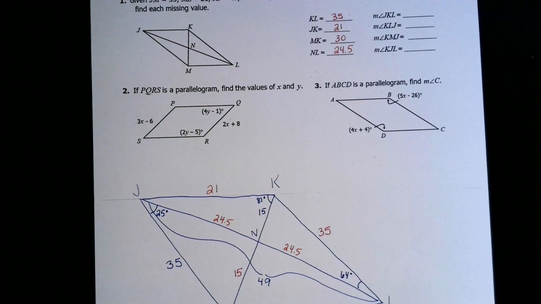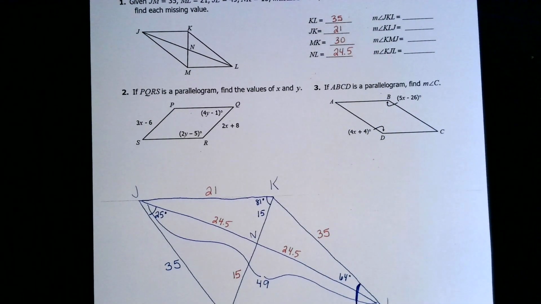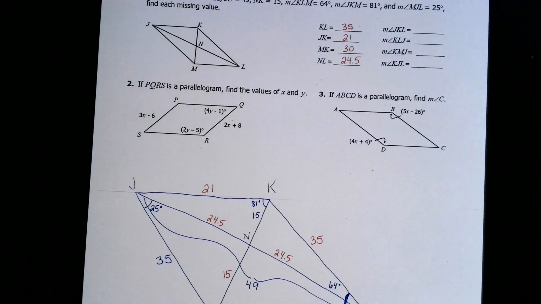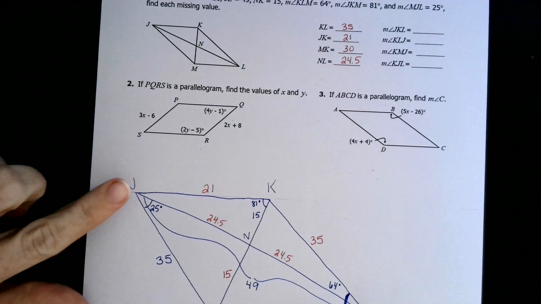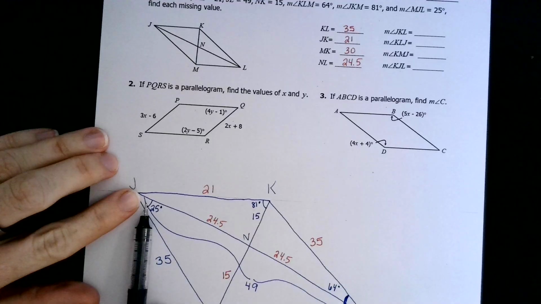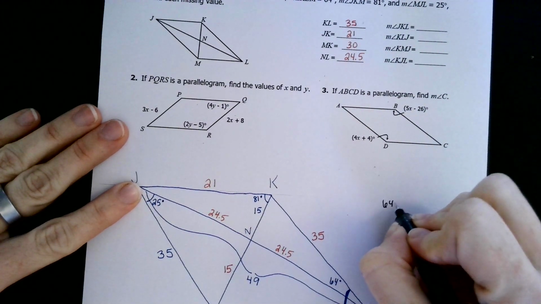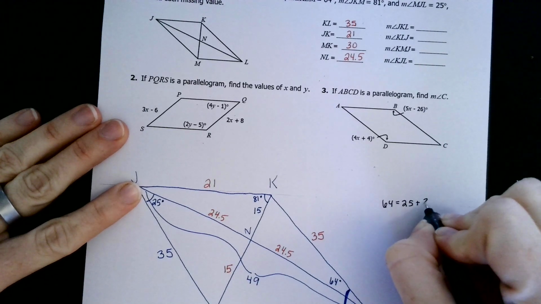First thing we're going to do is knock out our alternate interior angles. I think I might have labeled one of my angles wrong. KLM. Yeah. This whole angle is 64 degrees. So opposite angles in a parallelogram are congruent. So 64 is going to be congruent with whatever I have over here. So I'm going to have 64 equals 25 plus something.